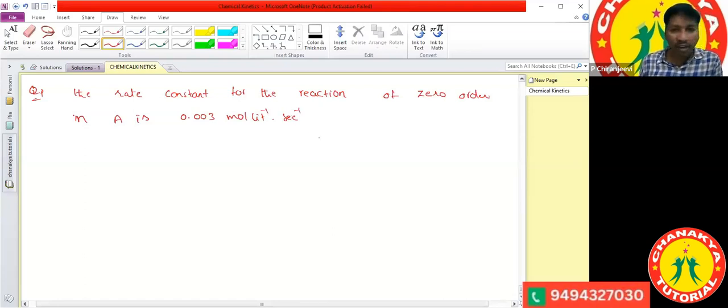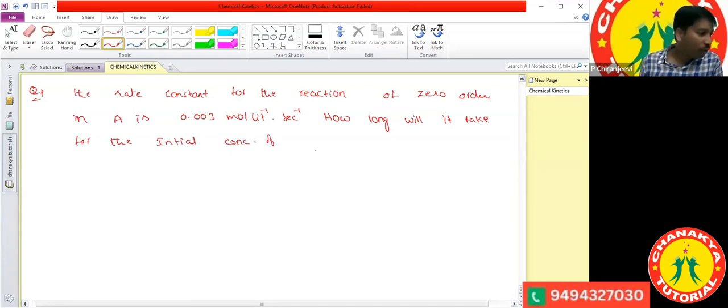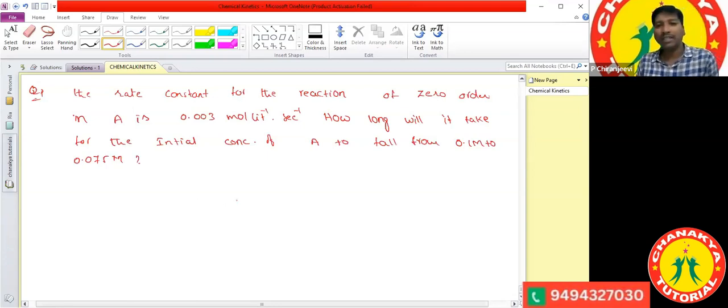How long will it take for the initial concentration of A to fall from 0.1 molar to 0.075 molar? So this is the question they're asking.